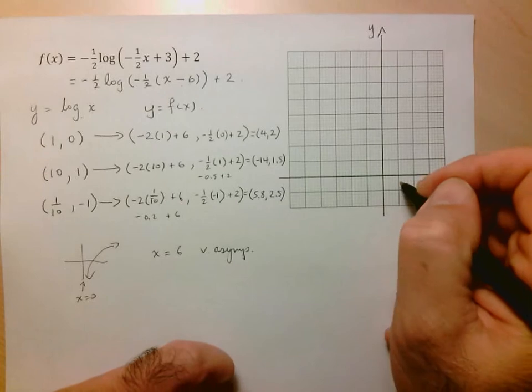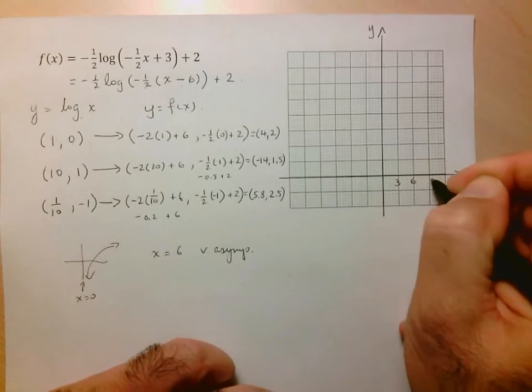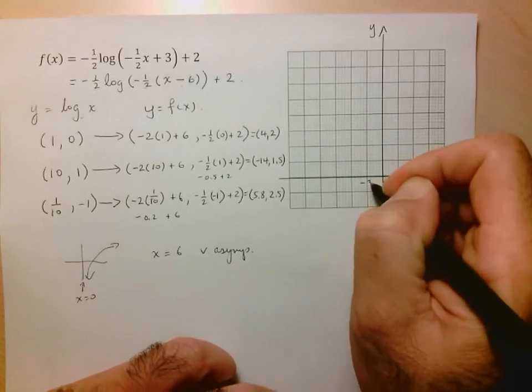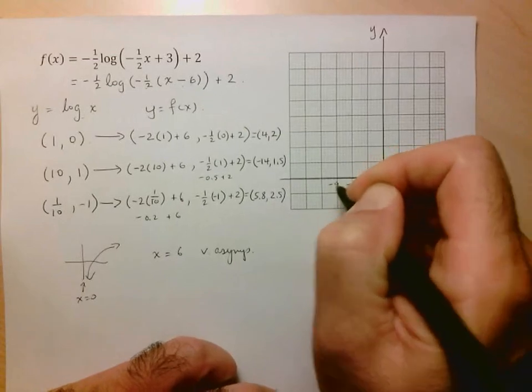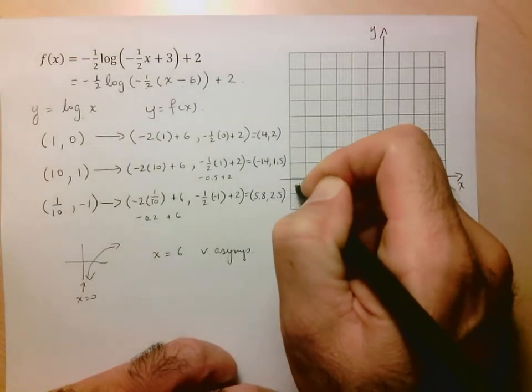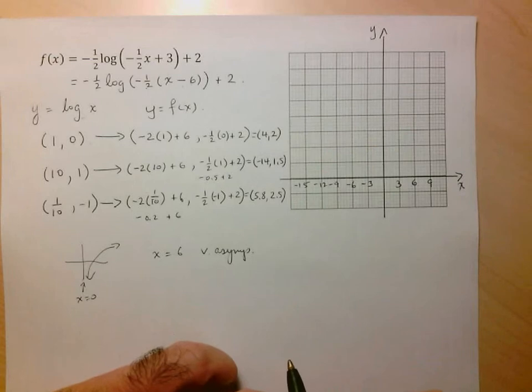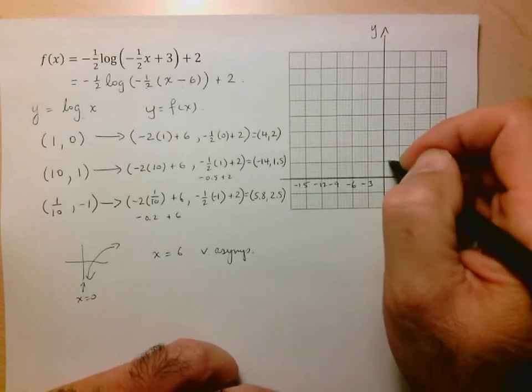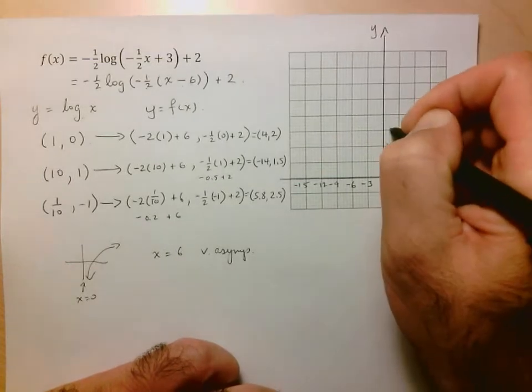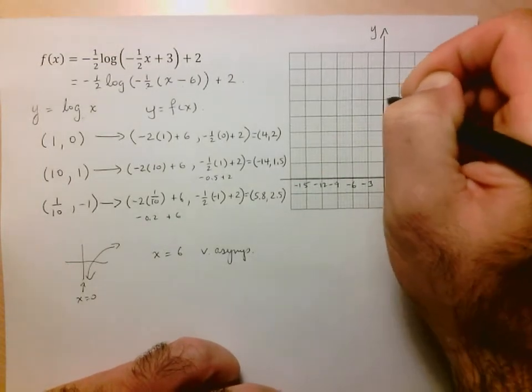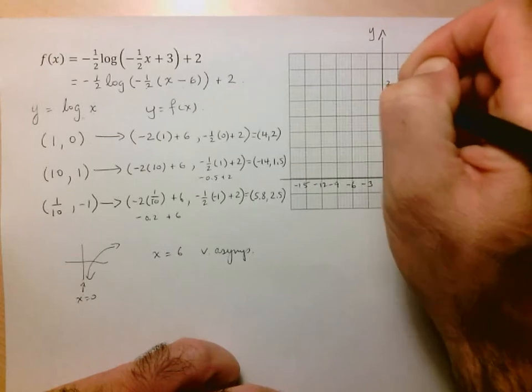Okay, and we're going to go up by 3. And here, -3, -6, -9, -12, -15. Okay. And on the vertical axis, we said we were going to go up by 0.5. So 0.5, 1, 1.5, 2, 2.5, 3.